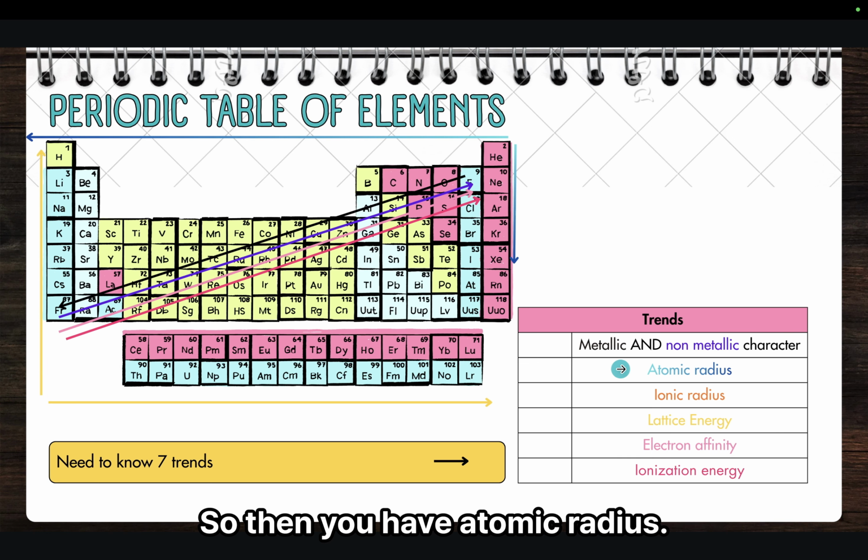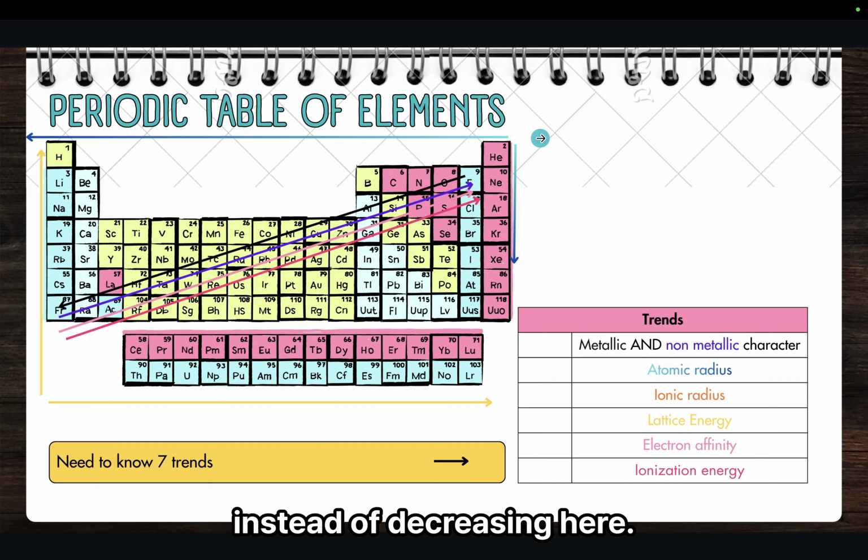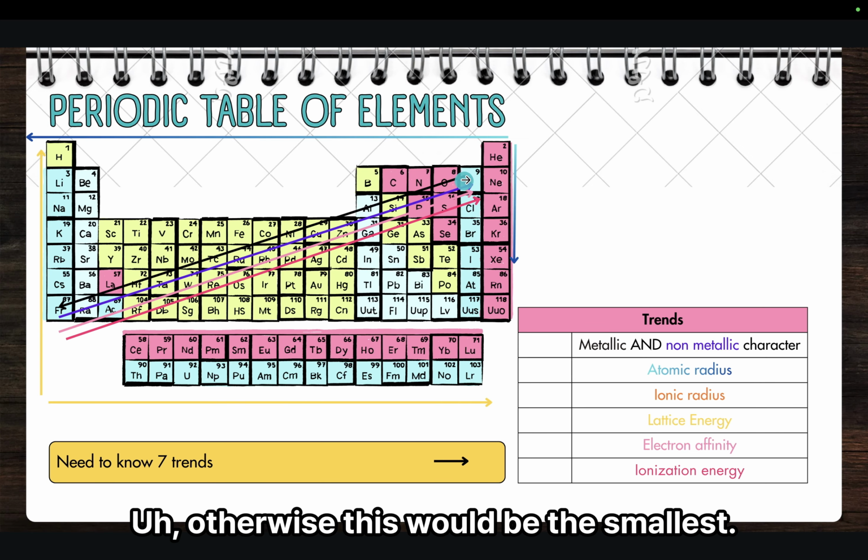So then you have atomic radius. I have atomic radius actually with increasing instead of decreasing here. Otherwise, this would be the smallest.